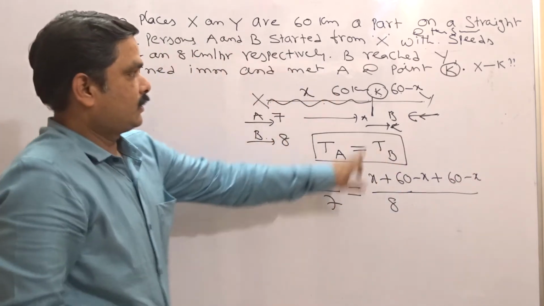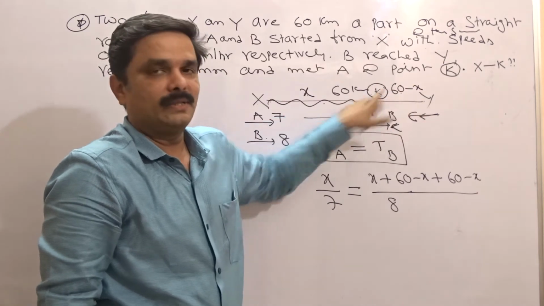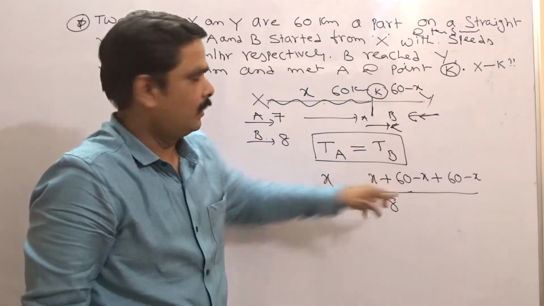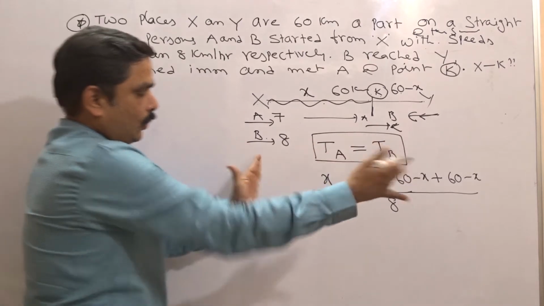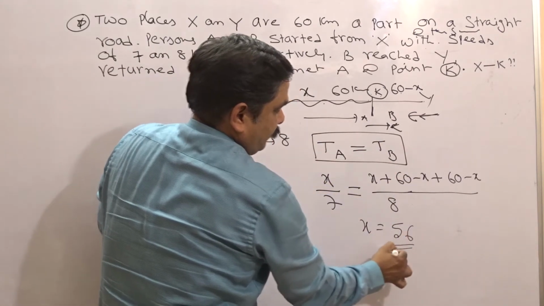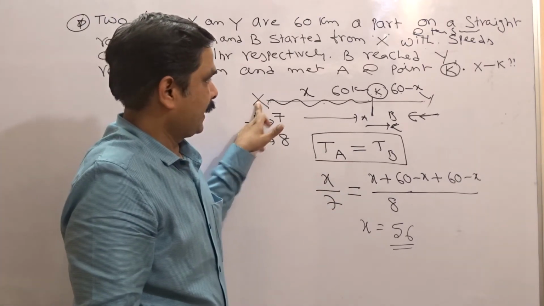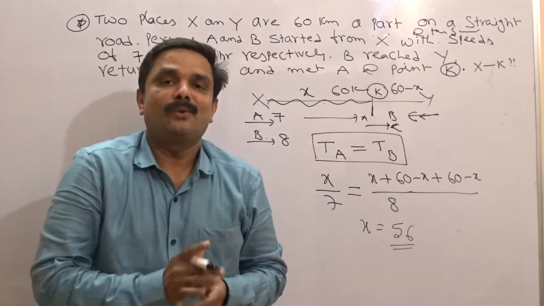X plus 60 minus X, this one, and again returning by covering 60 minus X kilometers there. Then equalize these two, solve this one, you will get X is equal to 56. 56 kilometers is the right answer. The distance between X and K, 56 kilometers.